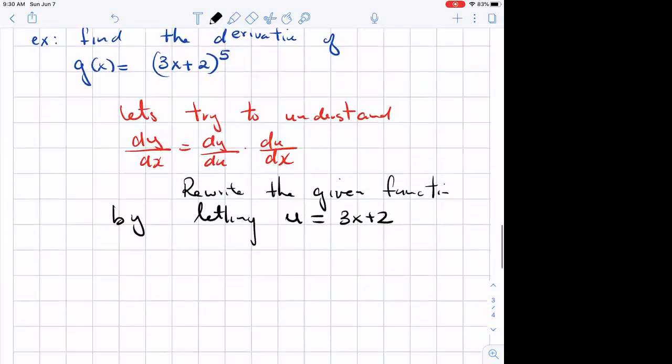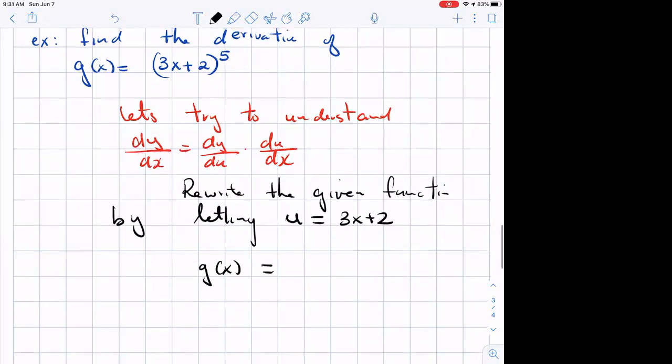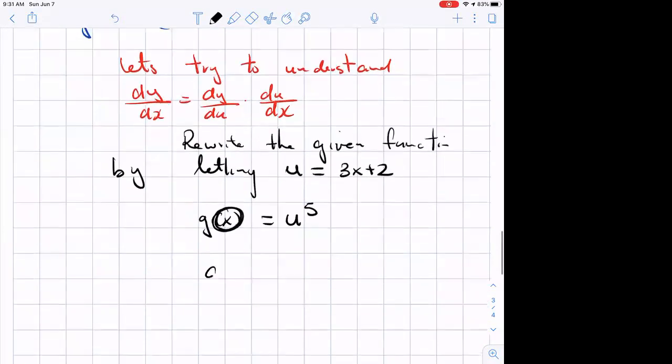You don't have to use it, because after you do a few practice problems, this just becomes normal to write out. Now, if I do this, I cannot write g of x, because the function will be u to the 5th. We have to write g of u is equal to u to the 5th. Do you agree with that?